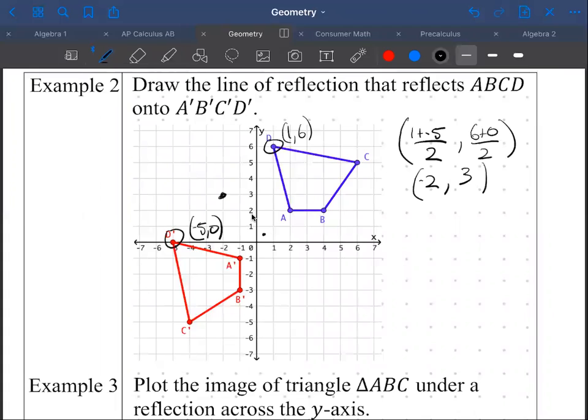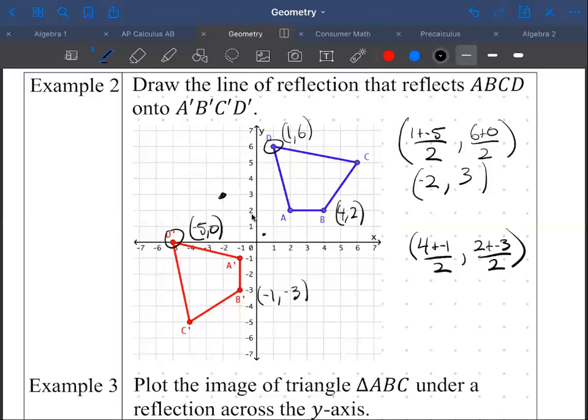So A and A prime didn't give us a lattice point, and B prime should also give us a lattice point. Really quickly here, it's going to be -1, -3, and then B over here is 4, 2. So we have 4 plus -1 over 2, comma, 2 plus -3 over 2.